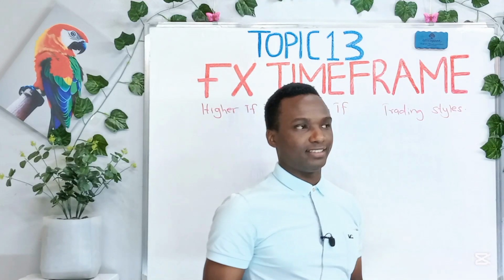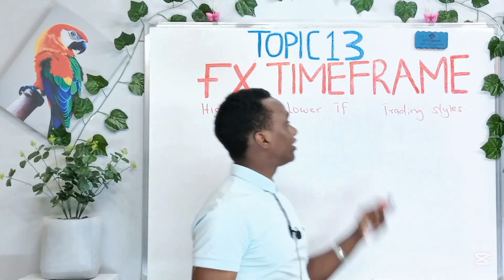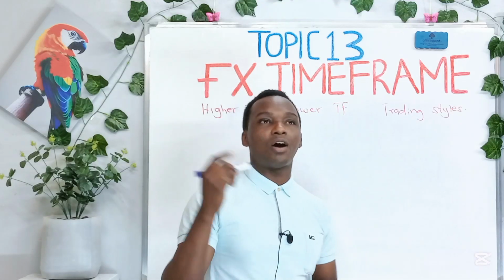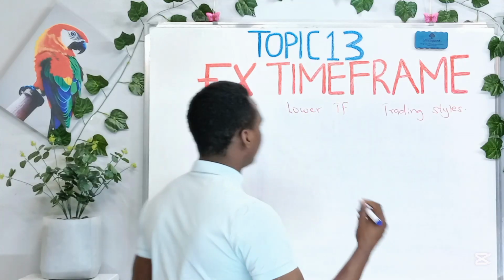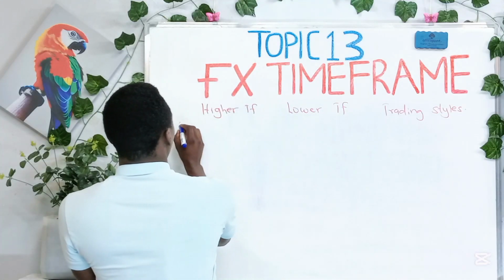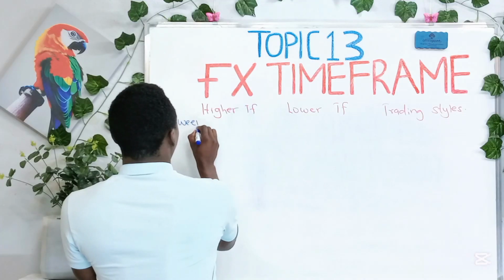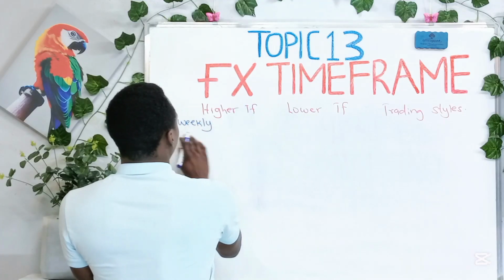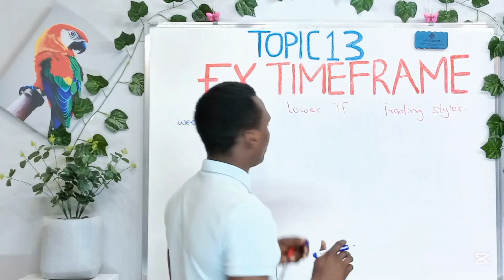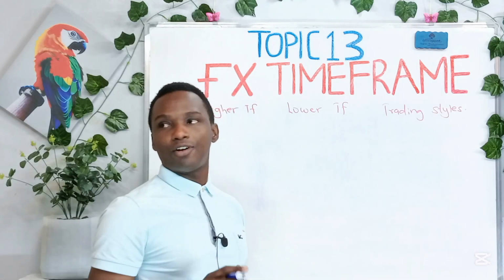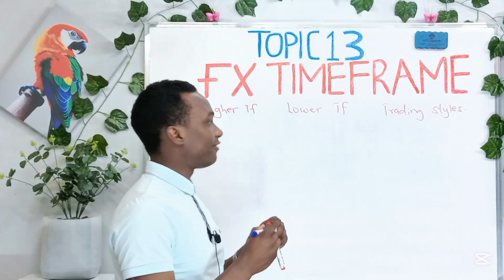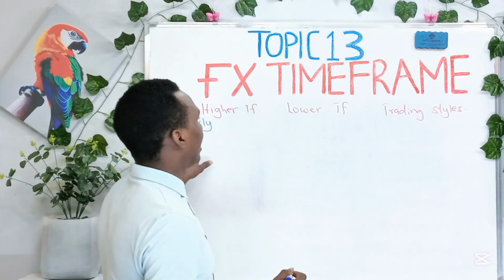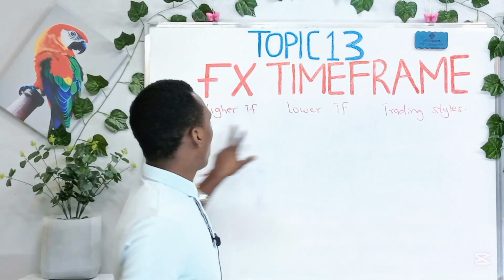All right, just to start, we have the higher time frame. The first higher time frame that we have is the weekly. This is the most used high time frame for analysis. When we go to the lower time frame, you'll find a type of trader who uses the weekly time frame.